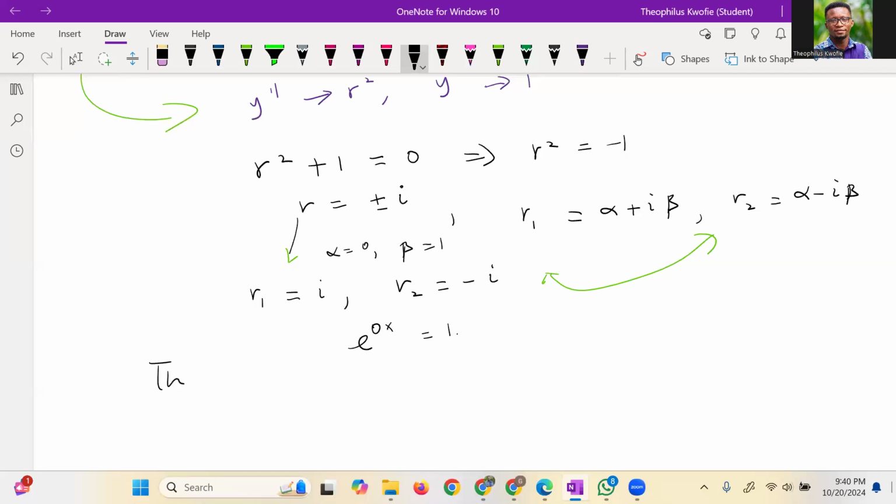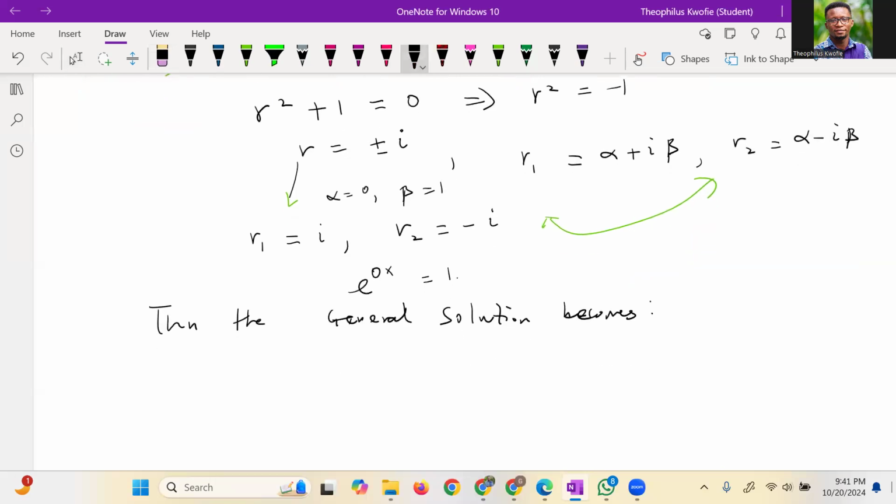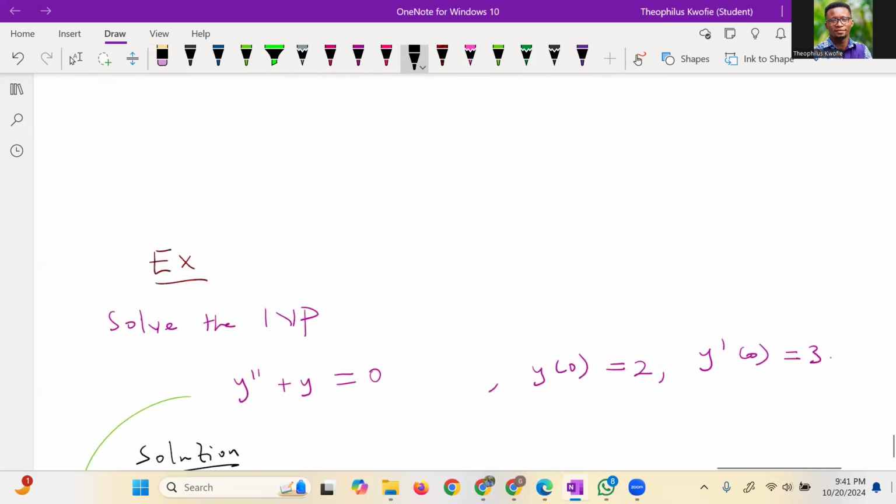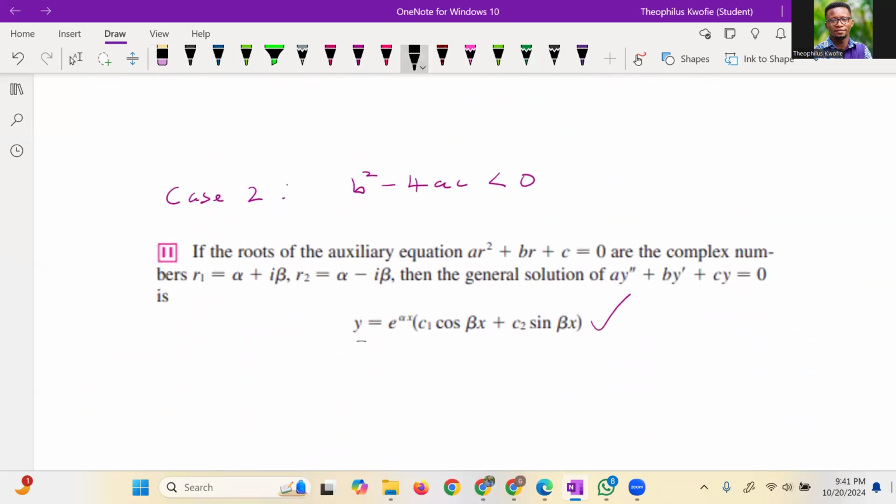So if that's the case, then the general solution becomes what? y of x equal to C1. Remember, we have to write it as this.